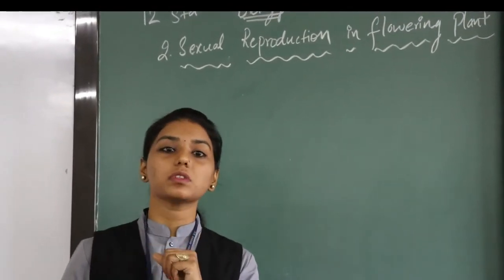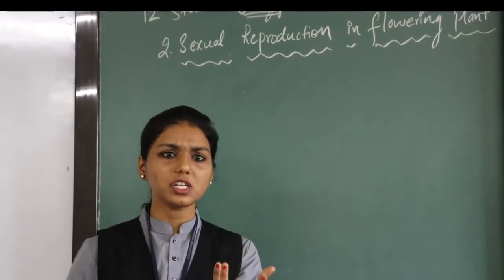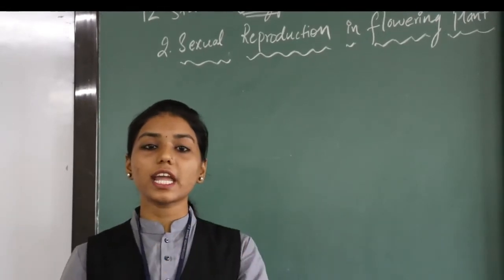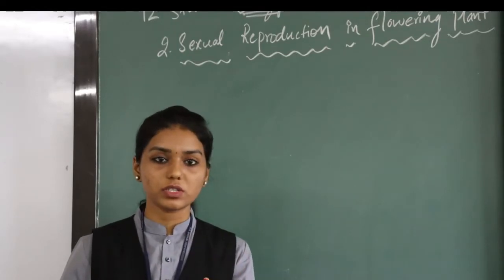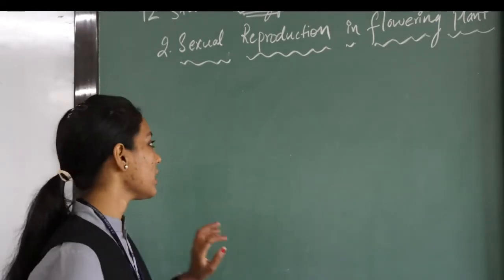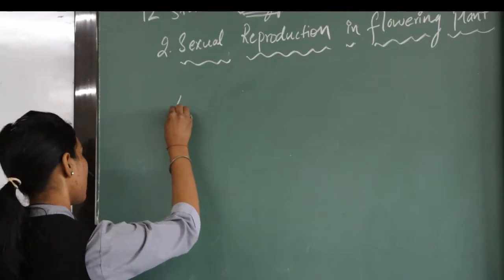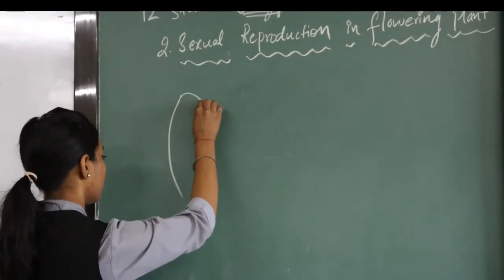We also saw the structure and the condition called 7-celled and 8-nucleated in embryo sac formation. I will draw how the embryo sac formation occurs.